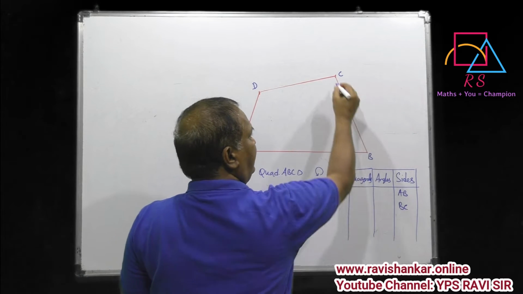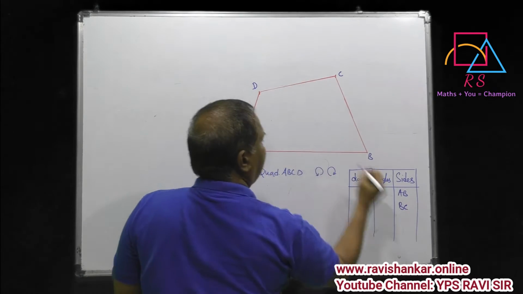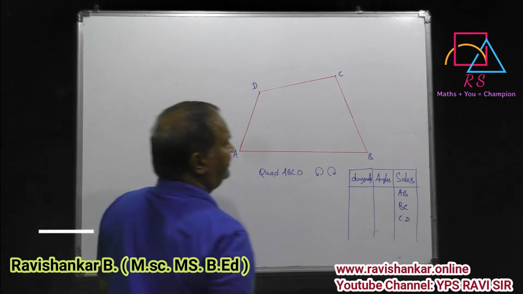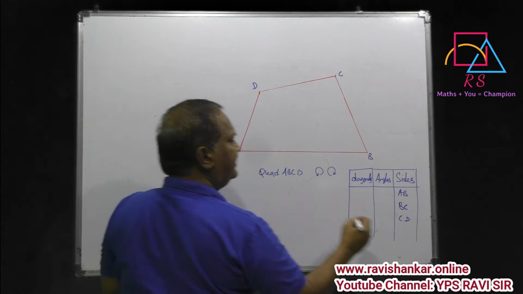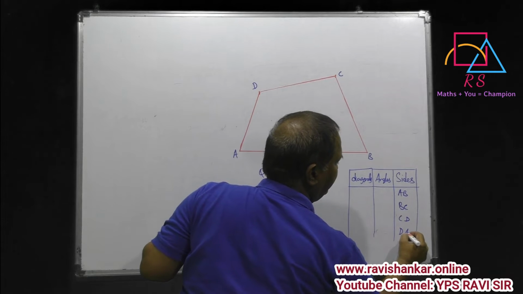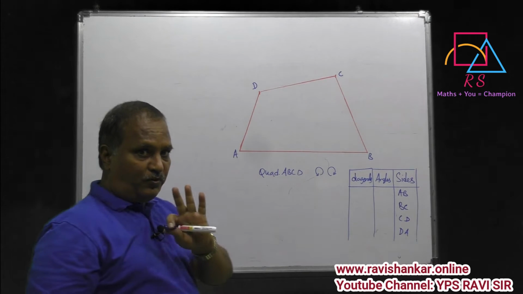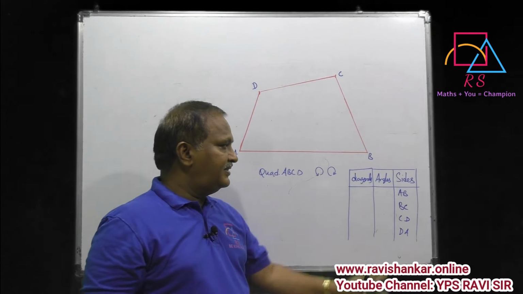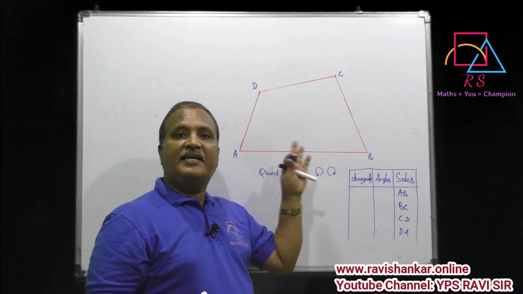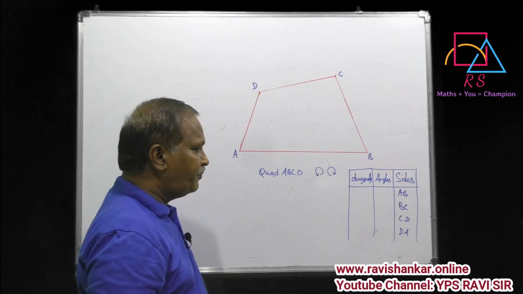CD is one more side. You can write CD or DC, and DA is one more side. You can write AD also. There are four sides. This is how you have to represent the sides of the quadrilateral.